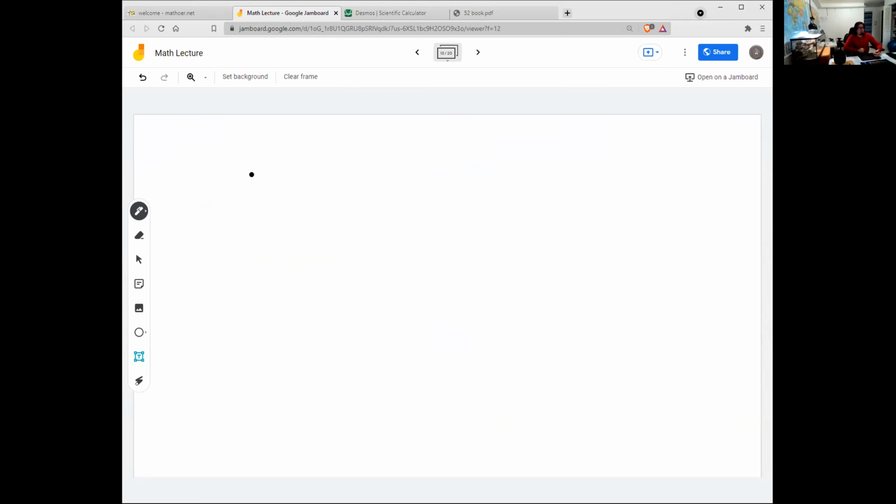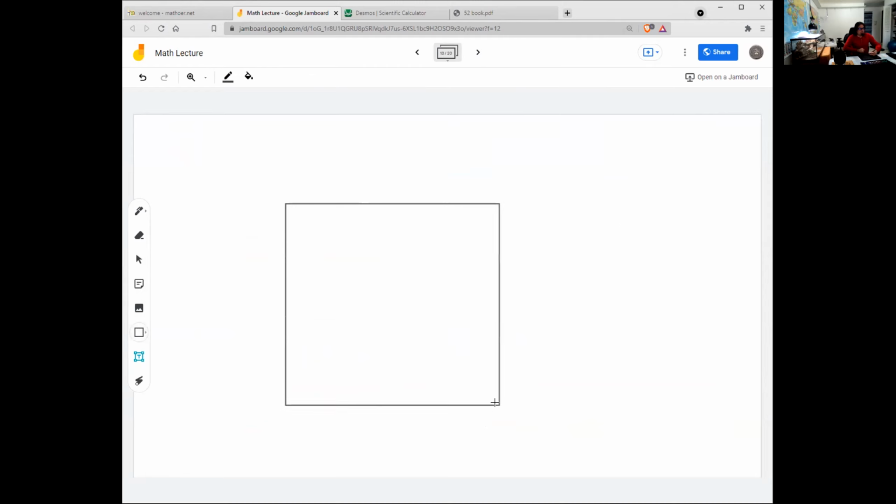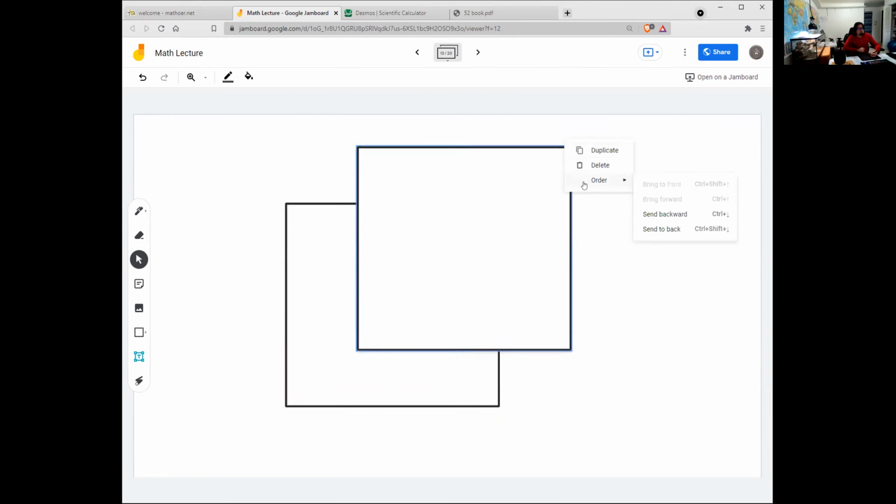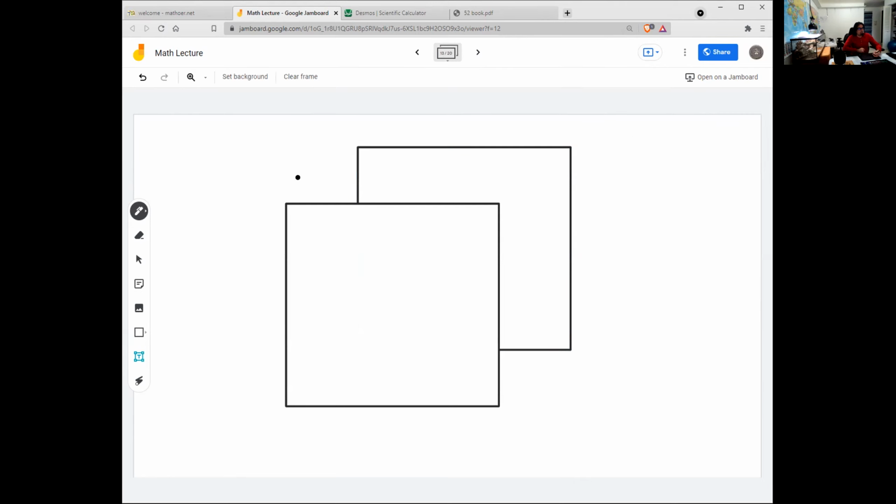So let's draw a little picture. If I have a box, and another box. Okay, pardon my bad artwork. There we go. So if I have 1 centimeter on each side, how many millimeters is that?